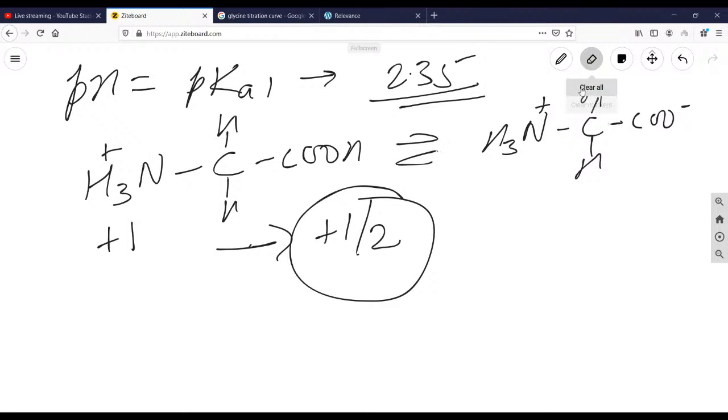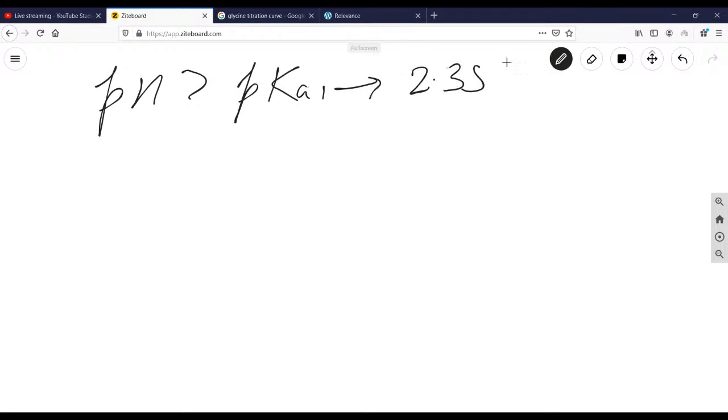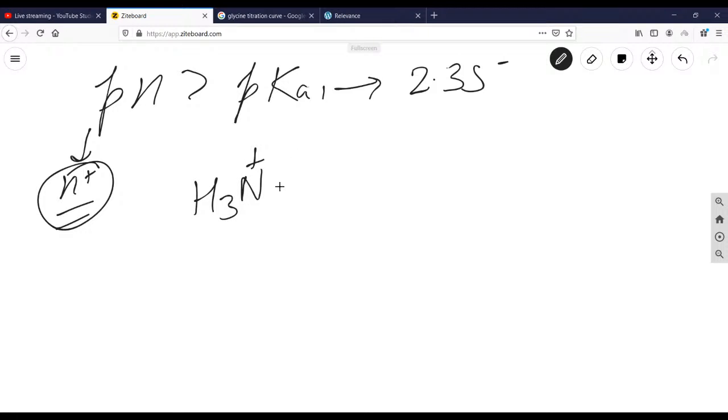Now when pH increases beyond pKa1, which is for the COOH group, 2.35, it means H+ ions have really reduced. Now all the ions will be like this.